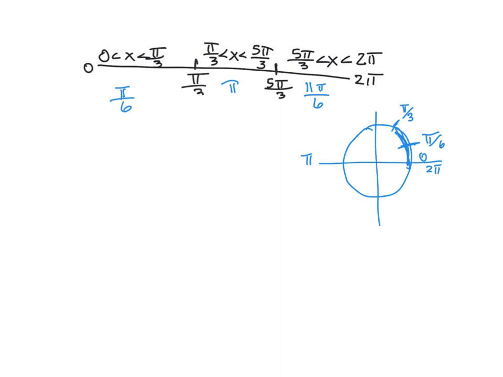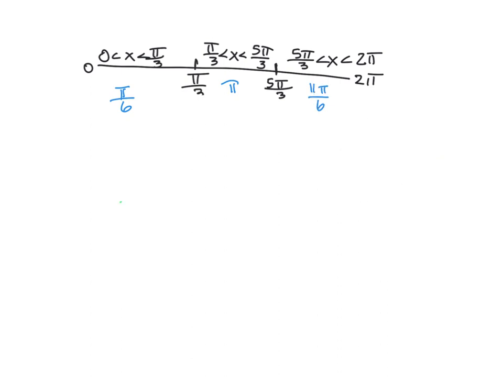And I also know that I need to pick something between pi over 3 and 5 pi over 3, somewhere in between here, and that's why I picked pi. And then the last one we need to pick is some number between 5 pi over 3 and 2 pi. So I know that 11 pi over 6 is in there. So that's where those points came from.